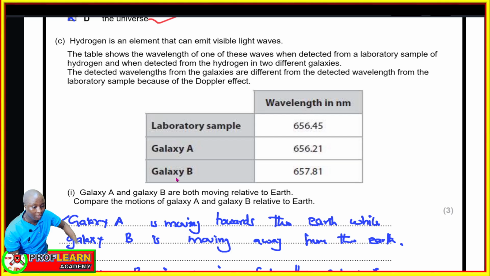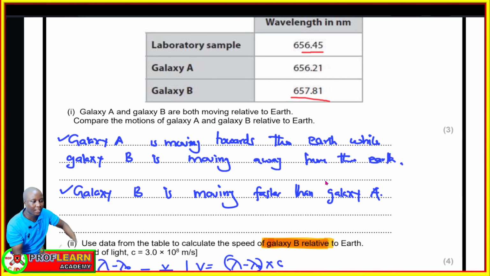Well, when you have a laboratory sample showing this, galaxy A is having 656.21, so meaning it's less than this, which means this is a blue shift, meaning this star A is moving towards the Earth, and star B is moving away from the Earth because it has a longer wavelength. So which indicates that this could be binary stars which are orbiting.